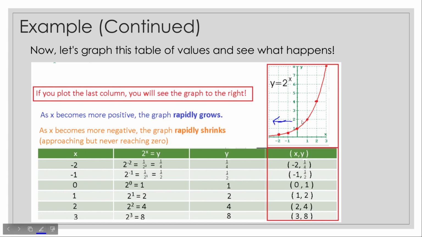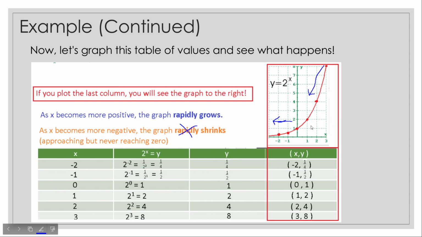Okay? I don't like how I worded that, to be honest. I wouldn't say it's rapidly shrinking, because it's actually shrinking faster from here to here. But it is shrinking towards 0. If you keep going, this is just going to get closer and closer and closer to 0.